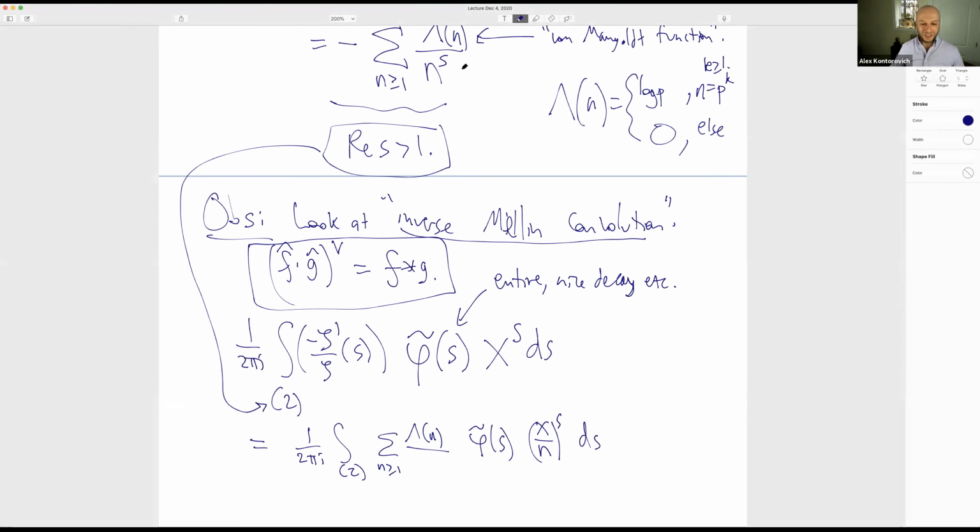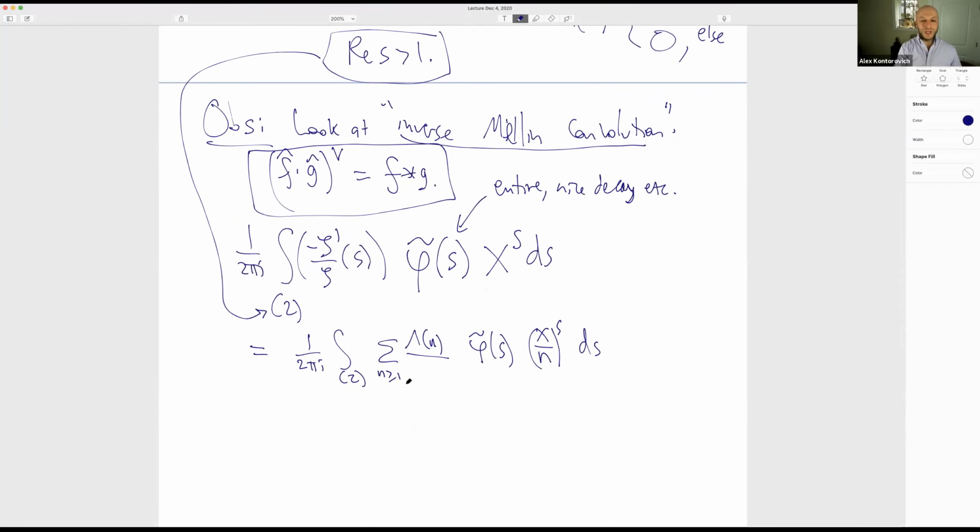Now again, assume we can interchange orders. I said phi was nice, so let's interchange orders. So I get lambda of n, and then what do I get here? Do you remember, phi was the Mellin transform, so phi tilde of s is the integral from 0 to infinity of some nice phi of u times u to the s du over u.